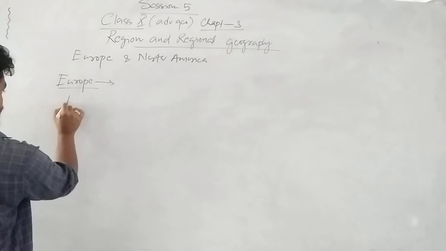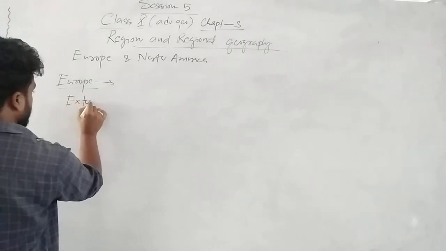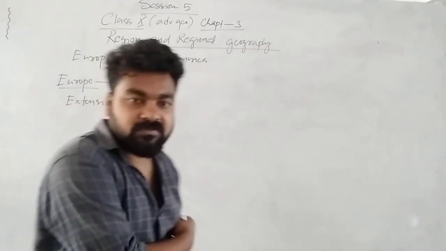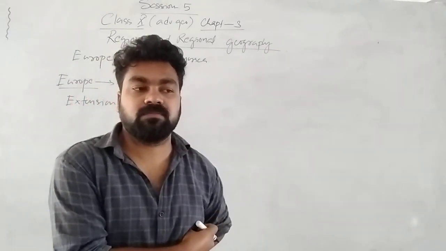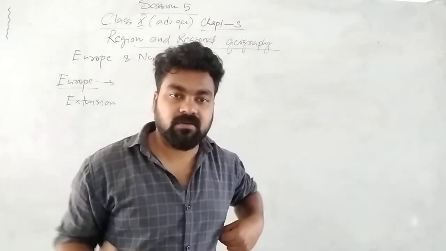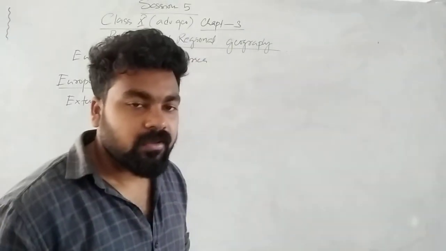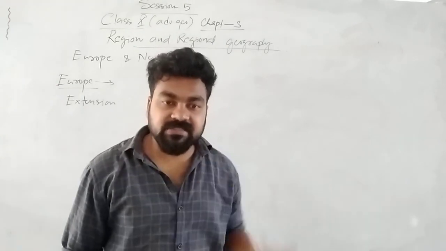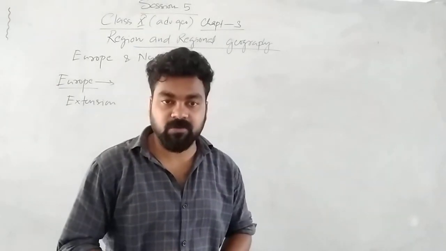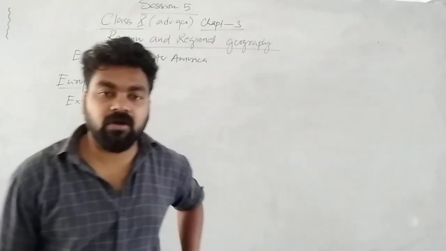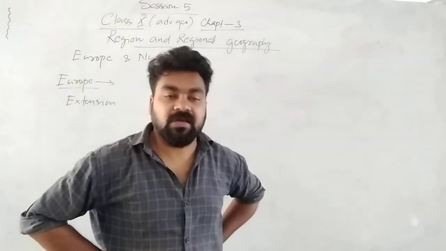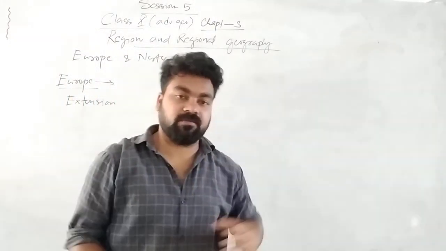First we will see the extension. Europe is the sixth largest continent. In Europe, population density is high. There are so many developed countries: Germany, France, Poland, Austria, Hungary, Luxembourg, United Kingdom, Great Britain.